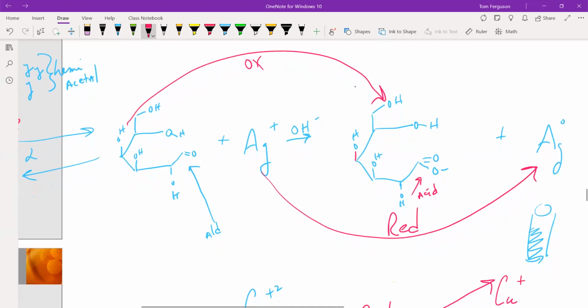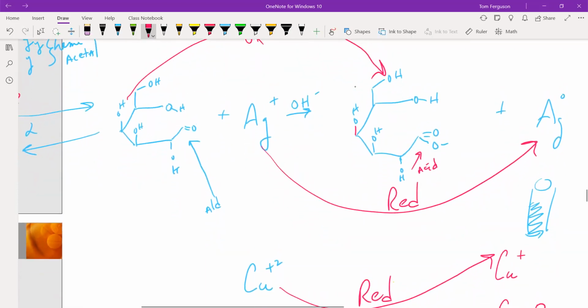Okay, are there any questions about this guy? This is a really important reaction. You will see this reaction used in unit 2 a lot.